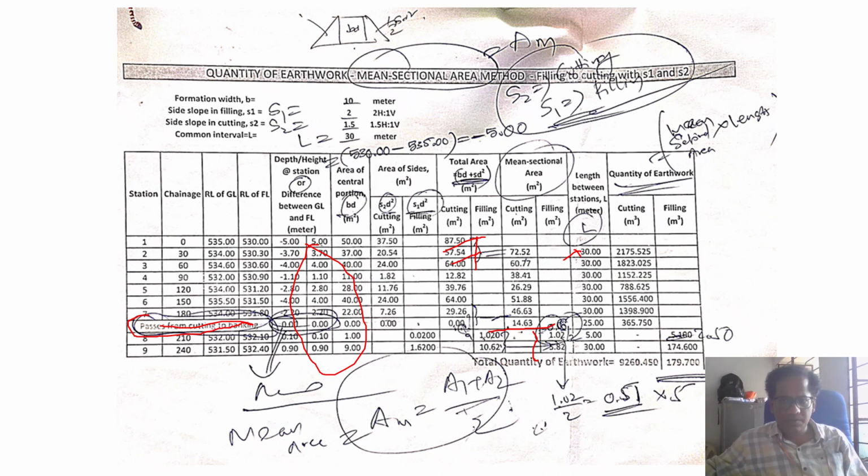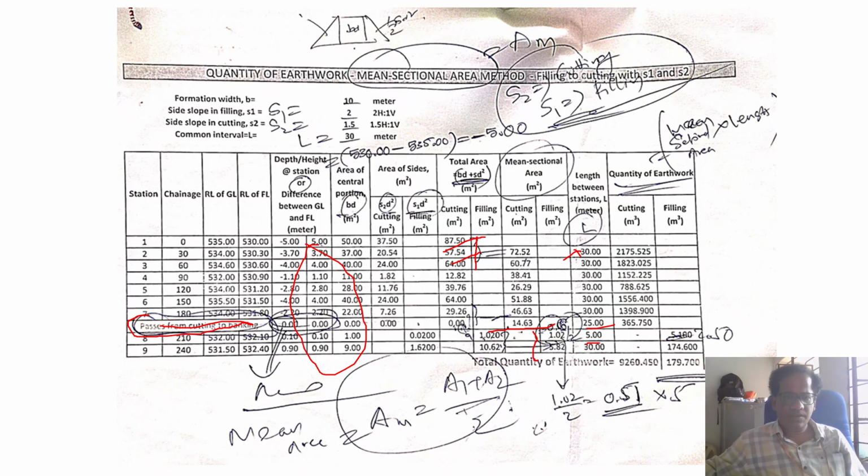But always understand that if 0 is not passing exactly at a chainage between the cutting portion and filling portion, it may be at some intermediate point between stations, and then we have to take care and consider the distance. Here it is 25 meter and 5, it's not 30.